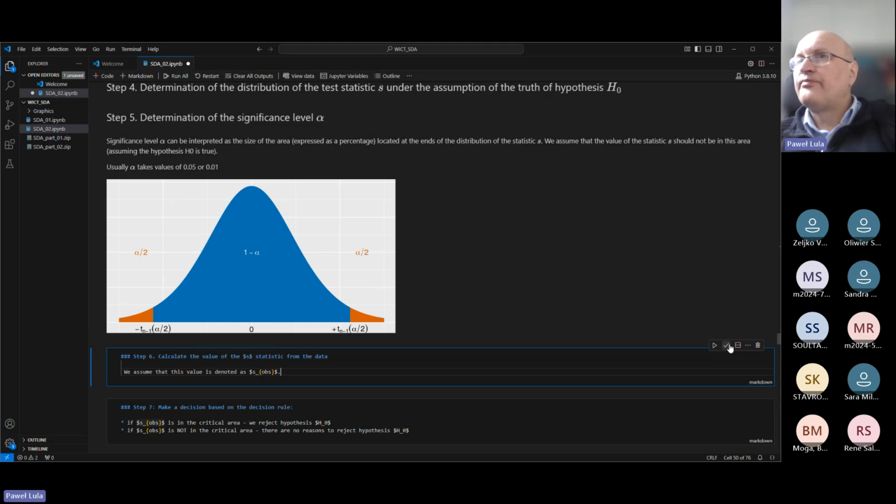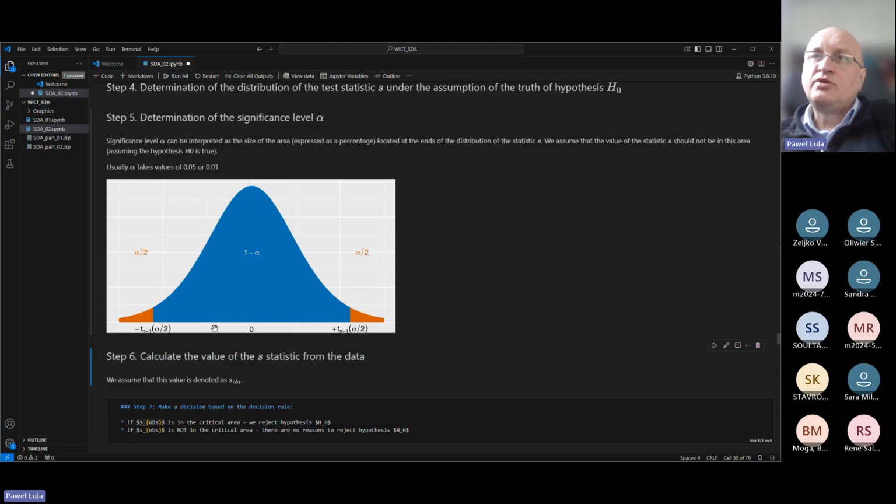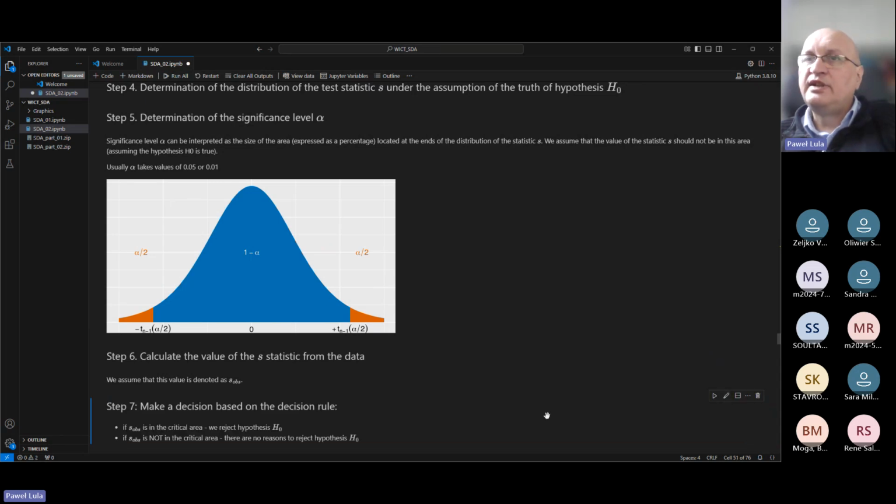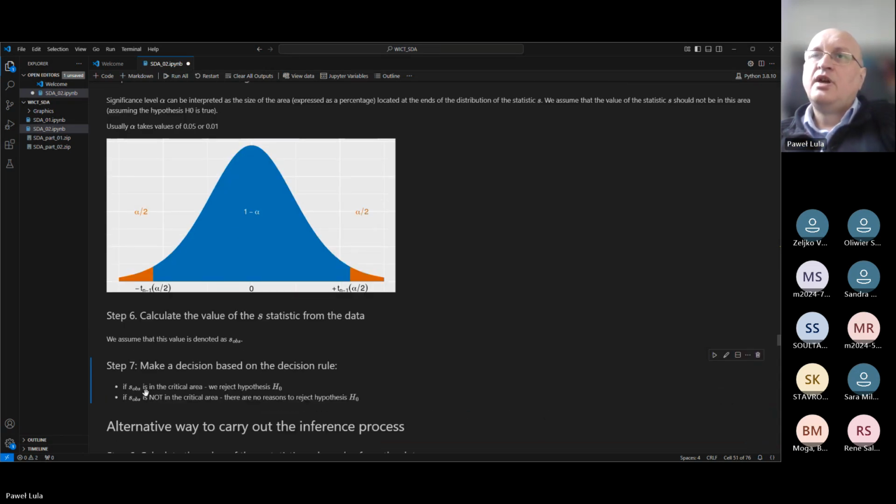So we should calculate this S statistic using our data set, and after it, we should make a decision.